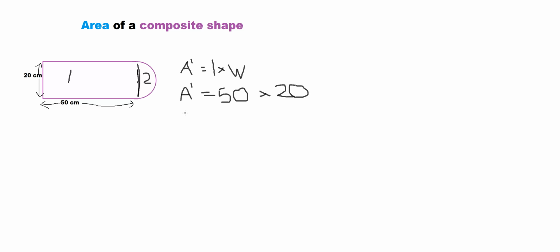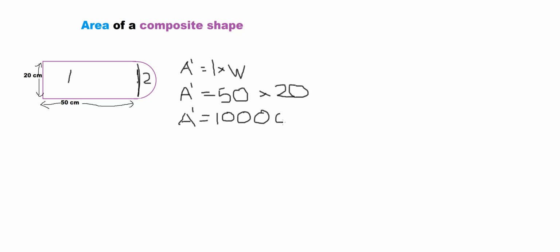I don't want people to use their calculators to answer this part here because we all know what 5 times 2 is. It's 10. And then we just add on our zeros. 0, 0. Perfect. So the area of this rectangle here is 1,000, but we haven't finished yet.